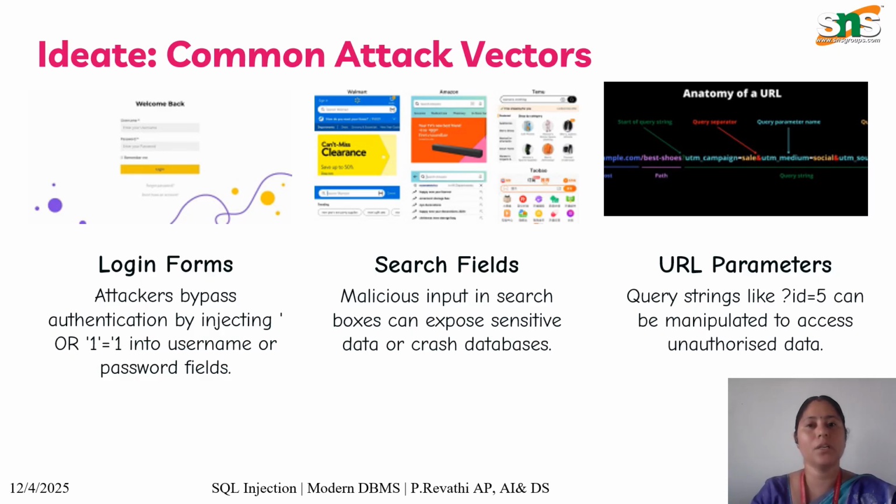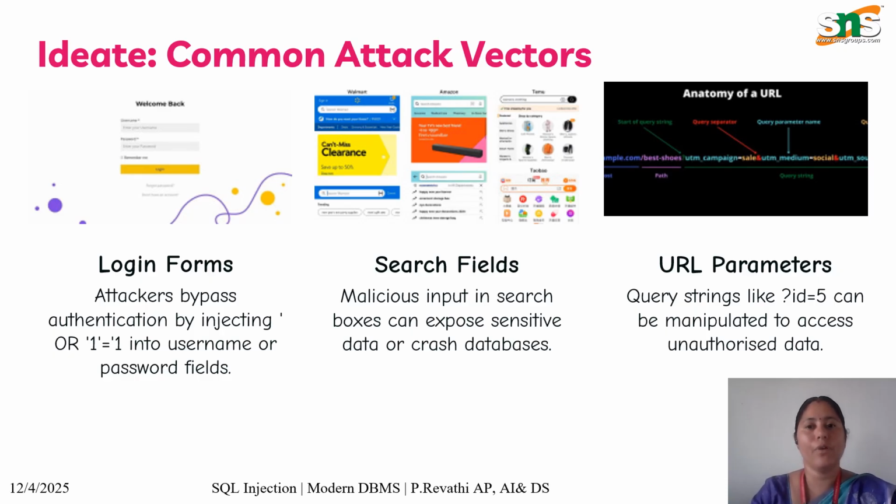A harmless-looking search field can become a tool for extracting sensitive data. Then the third one is URL parameters. For example, www.site.com with product ID=10, an attacker can modify it to www.site.com with product ID=10 OR 1=1. Fourth one is feedback forms or registration forms. Any field that accepts text can be targeted.